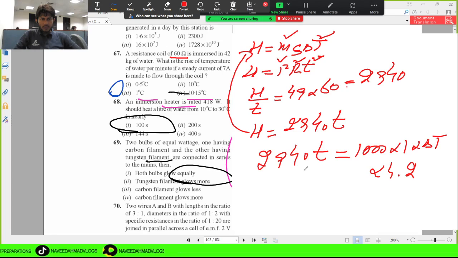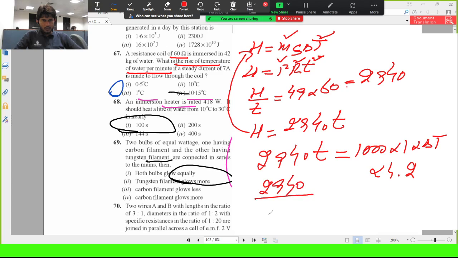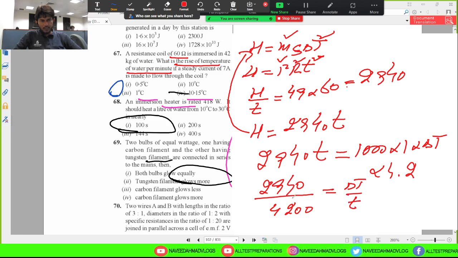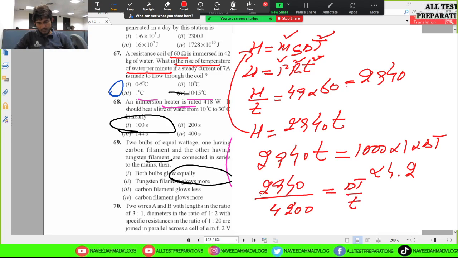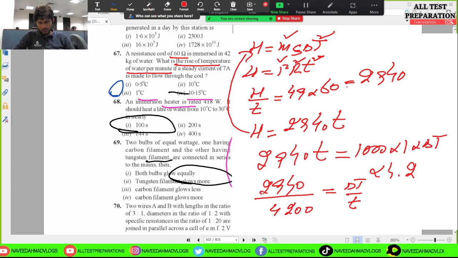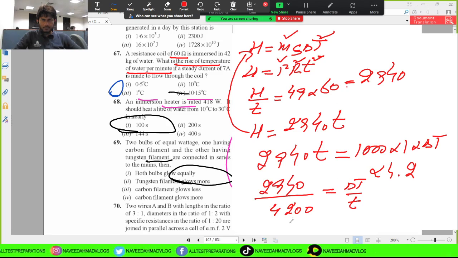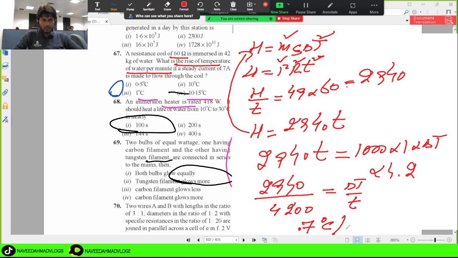So what will we get from this? The temperature per minute. So here we will get 2940 divided by this, that is equal to the rise in temperature per unit time. So 2940 divided by 4200 gives us 0.7 degree per, this is actually per second.